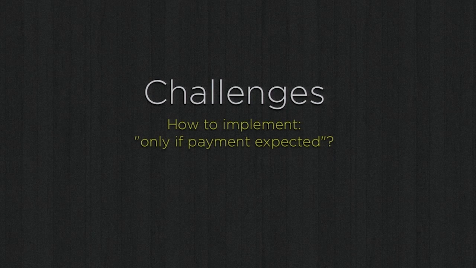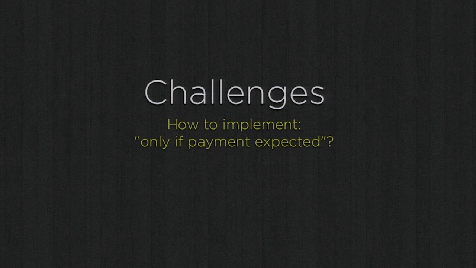Okay. The funny part about the stuff we've defined here is that we have some constraints about the client being allowed to trigger certain state transitions only if the order is in a certain state.